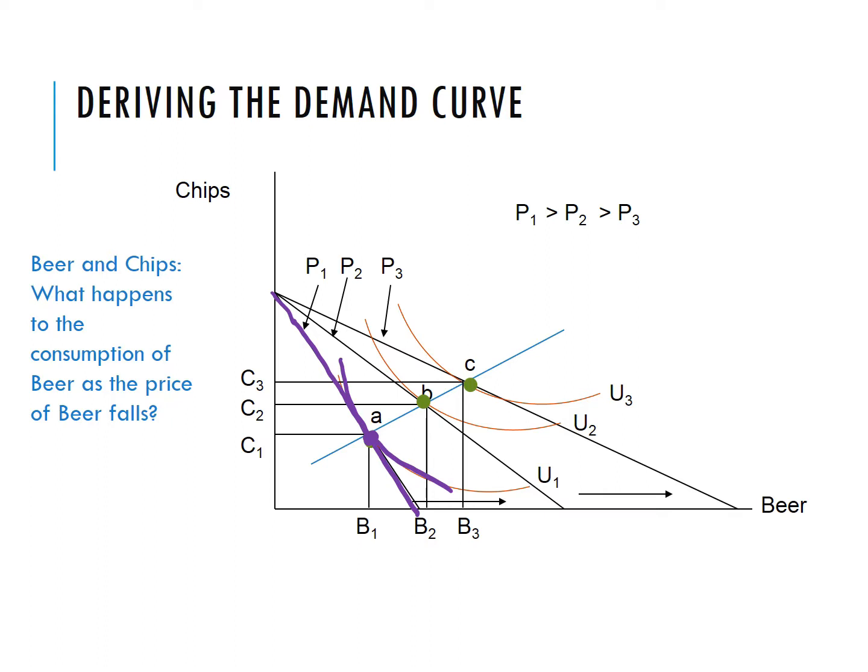And when the price of beer falls, what happens is the budget constraint is going to pivot out this way. We can now afford more beer. And our new choice is going to be B. So we buy more beer and we buy more chips in this case.